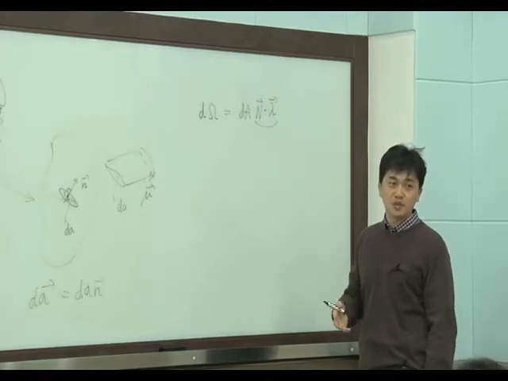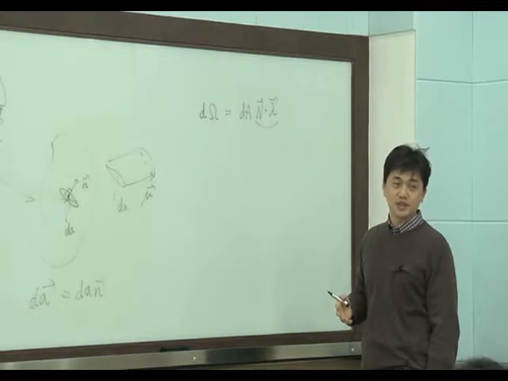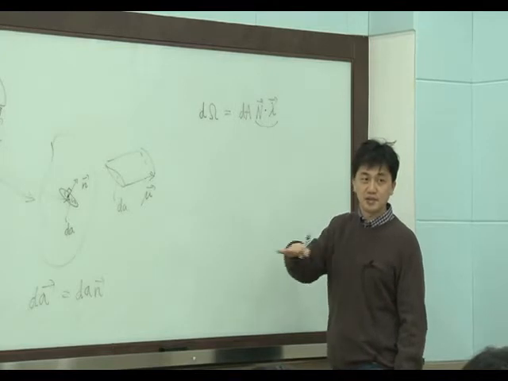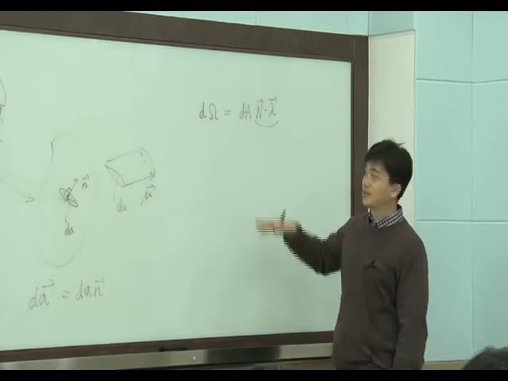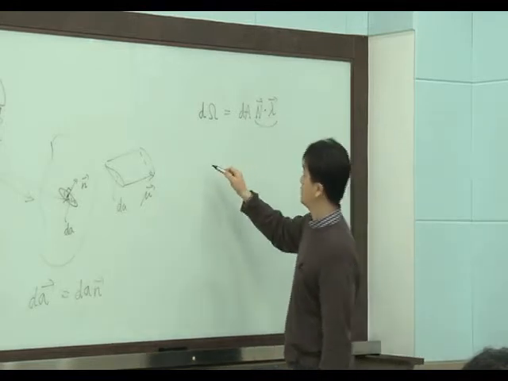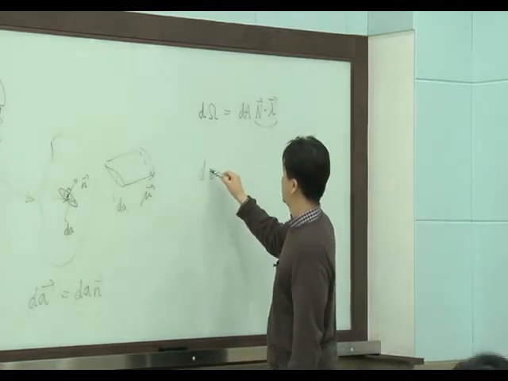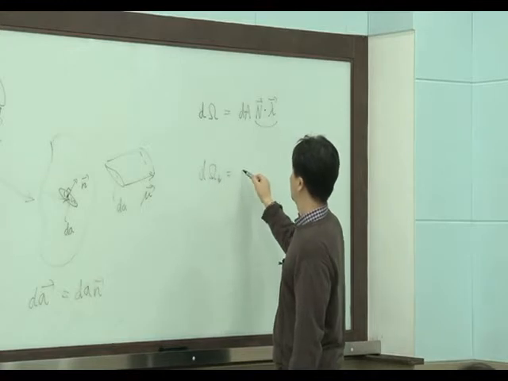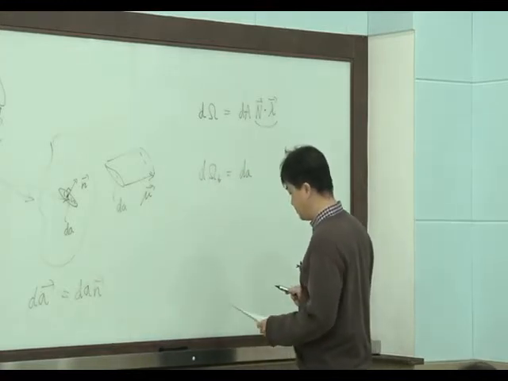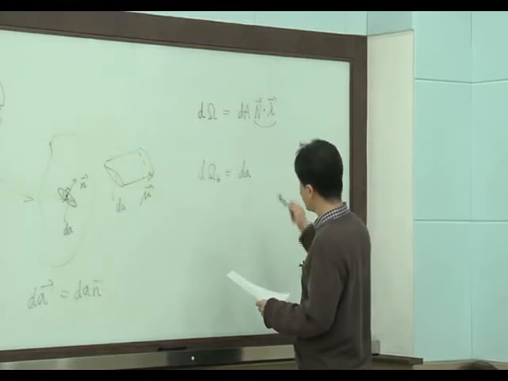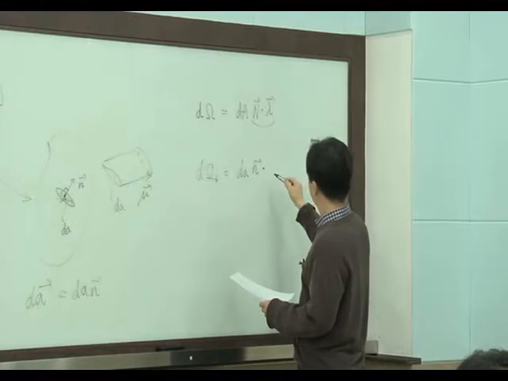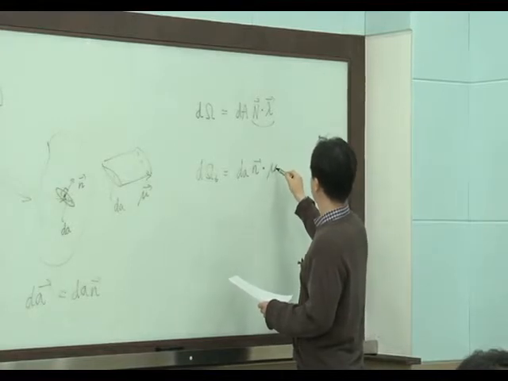When we calculate the volume of a cylinder, this is the area of the base, and this is the height. And how about d omega t equals da multiplied by dot product mu.